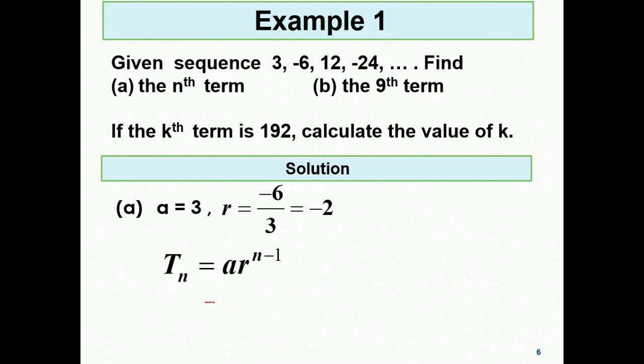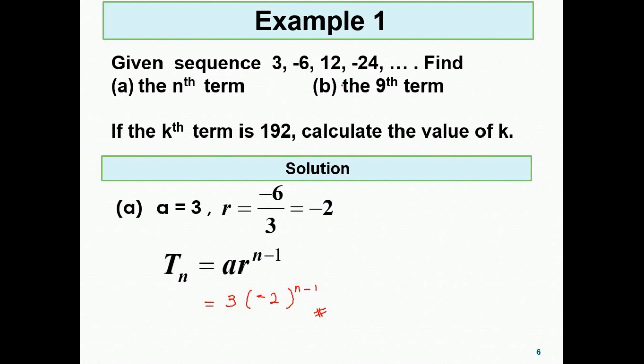Plug the values of A and R into our formula, and we have Tn equals 3 times -2 to the power of n minus 1. So this is the Tn formula for question A.